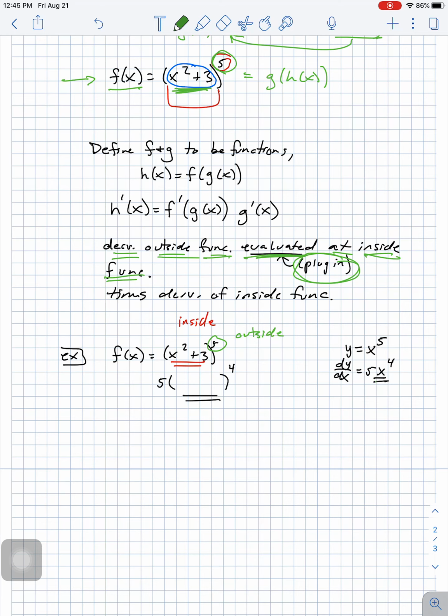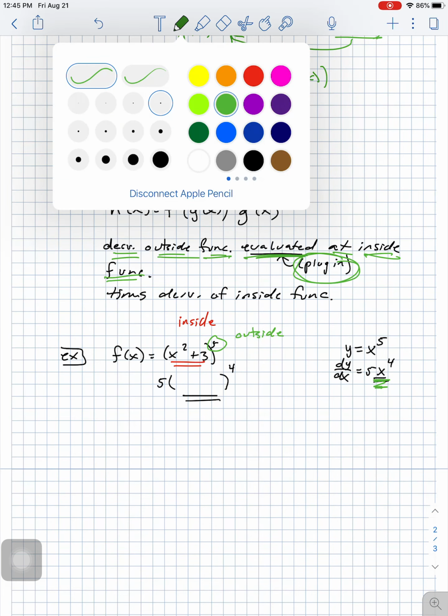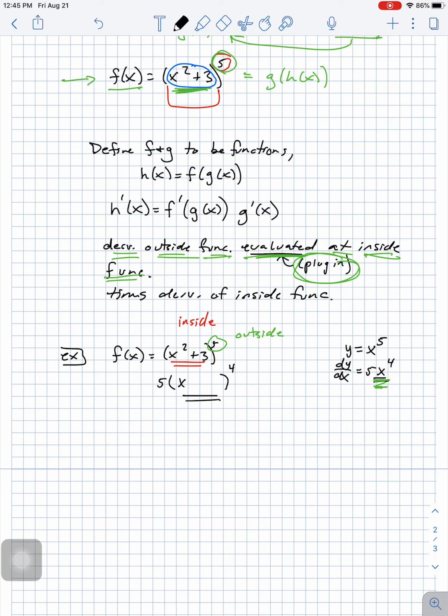So instead of an x here, I'm going to have the inside function, which is x squared plus 3, my red inside function. So this is the 5 dropped in front, lowered to the 4, the derivative of the outside function. This is evaluated at the inside function, and now it says times the derivative of the inside function.